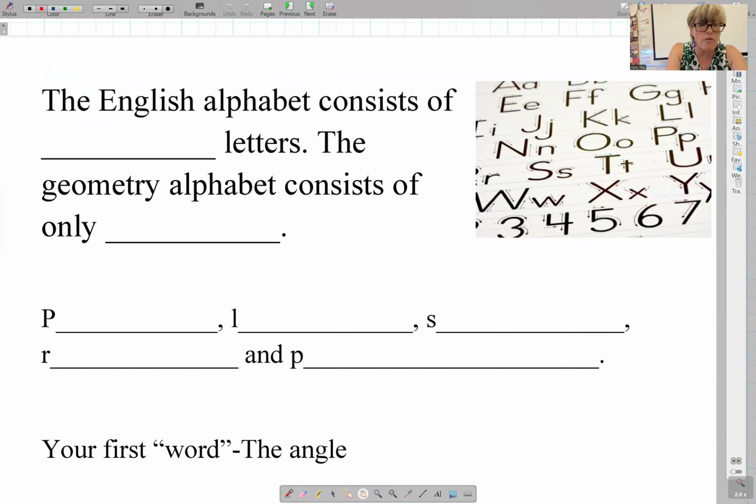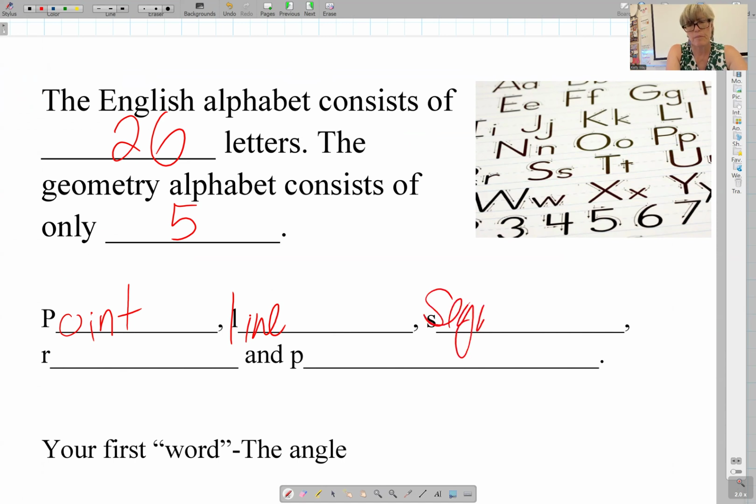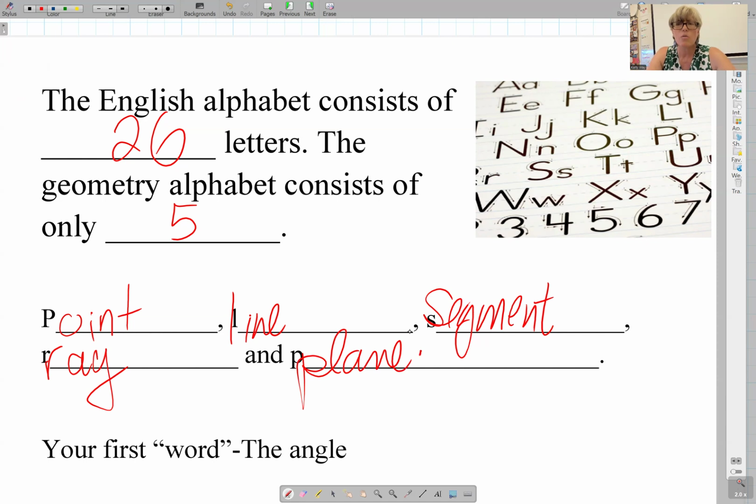So the English alphabet consists of 26 letters. Geometry alphabet only comes in 5. They are point, when you put these together, you get geometric words, if you will. Just like you put letters together, you get words.